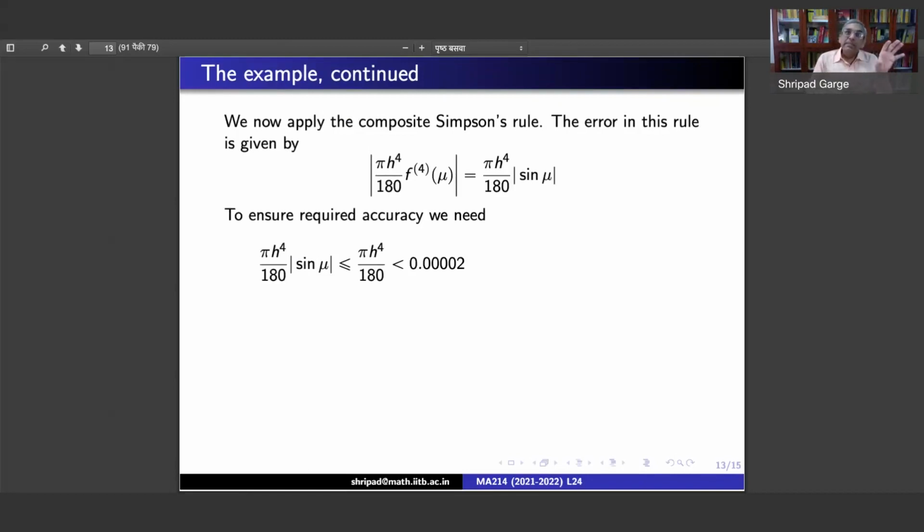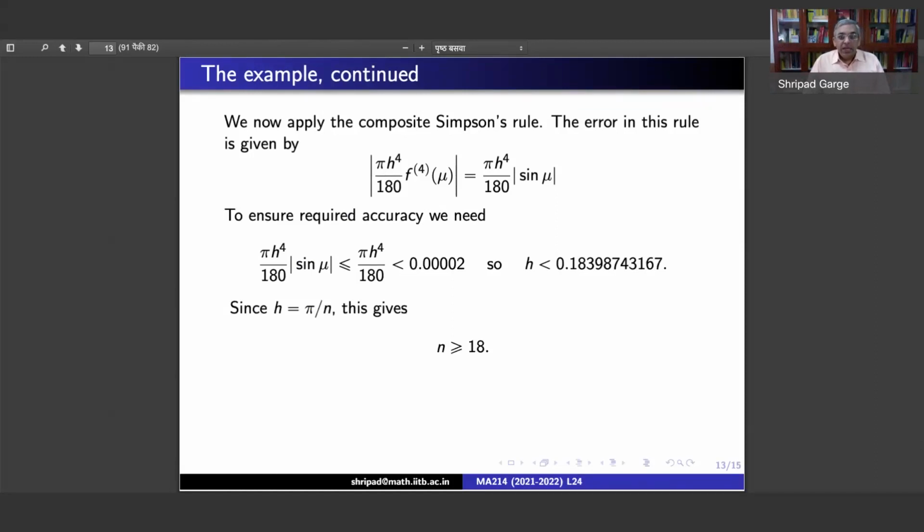The difference between Simpson's rule and the trapezoidal rule is that for the trapezoidal rule it's only h square and you are dividing only by 12, whereas here it is h power 4 and you are dividing by 180. Those are the two big plus points of Simpson's rule. So this says that h has to be less than 0.1839874, effectively less than 0.18, and therefore n has to be bigger than or equal to 18. Very small.